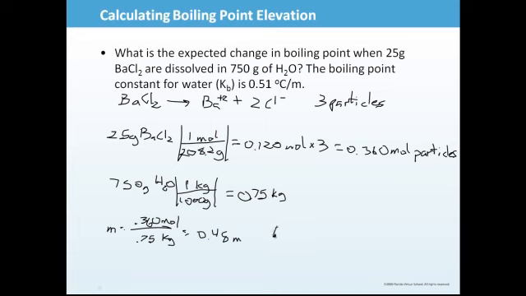Alright, so now we're just plugging into our formula, right? So delta TB equals 0.51 times 0.48.